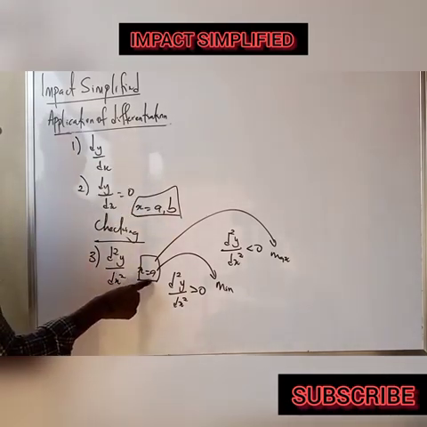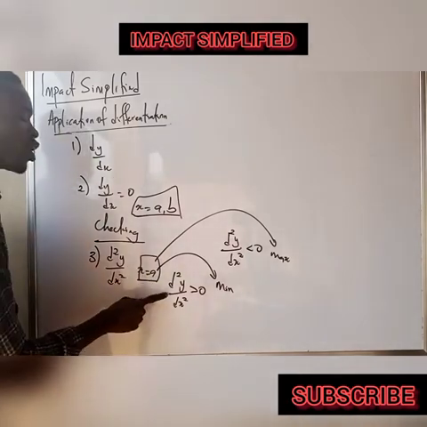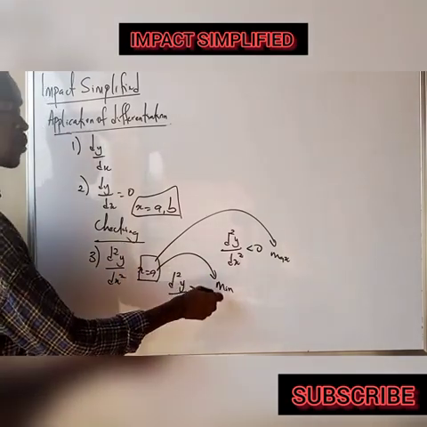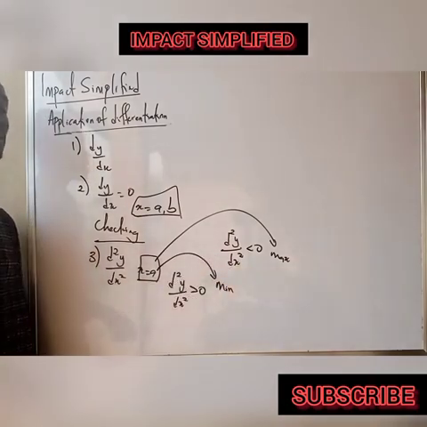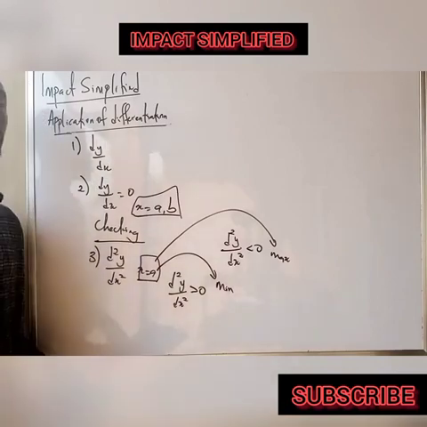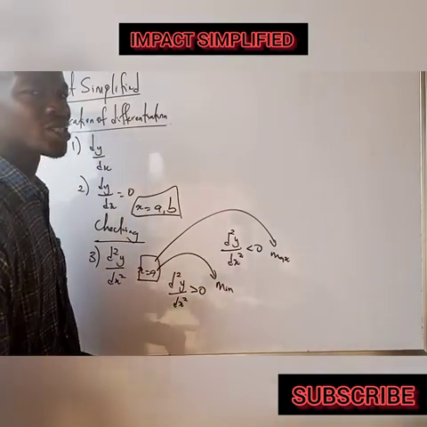If your d squared y over dx squared is greater than 0, that means the point you are inserting is a minimum point. And if it is lesser than 0, that means the point you are inserting is a maximum point. Now, don't worry, you will understand it now.